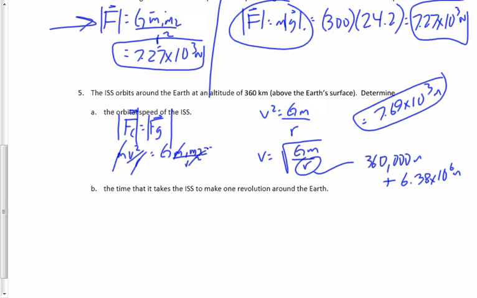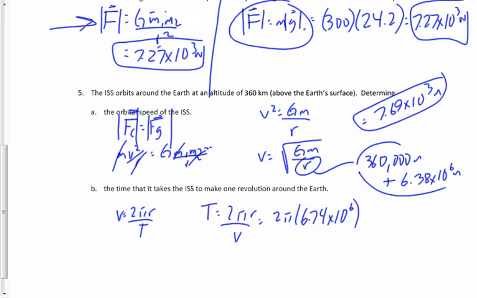The time that it takes to make one revolution around the Earth. How about this? Isn't T what we're looking for here? The radius we ended up having was 6.74 times 10 to the 6.